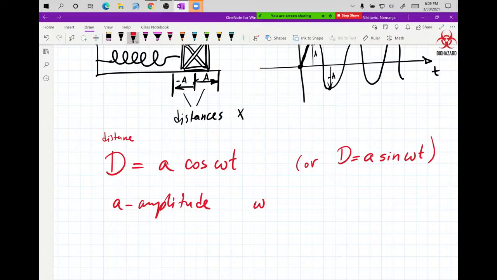So omega is going to take the role of that b from before, and what you have is that the period is equal to 2 pi over omega.